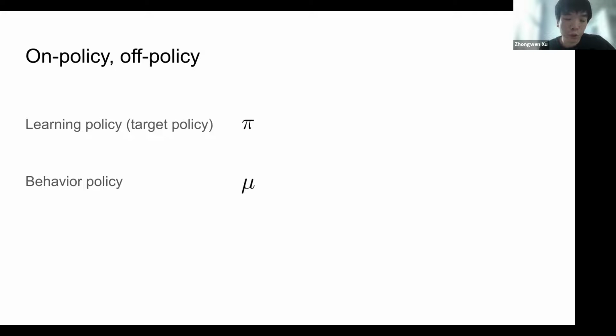It's a bit restricted to require the behavior policy, which is used to collect the data, to be exactly the same as the learning policy. And if we open this up, the algorithm and the interaction have a lot more flexibility and possibility.